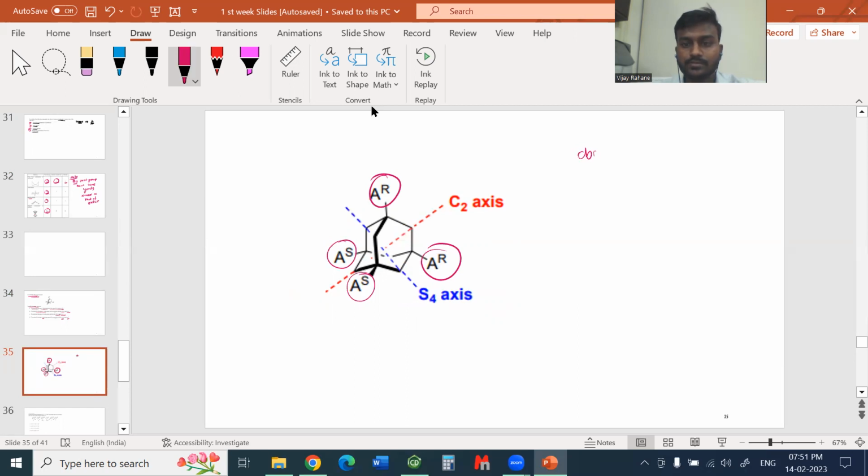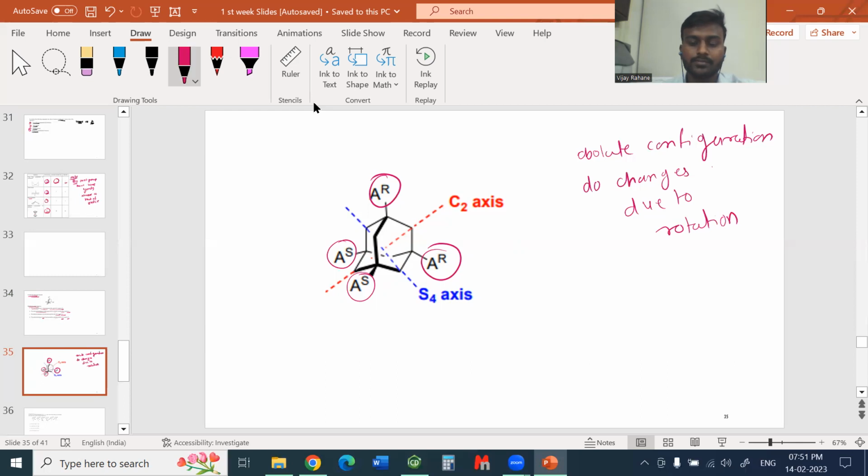The absolute configuration does not change with rotation, so if you rotate the molecule, the configuration remains the same.